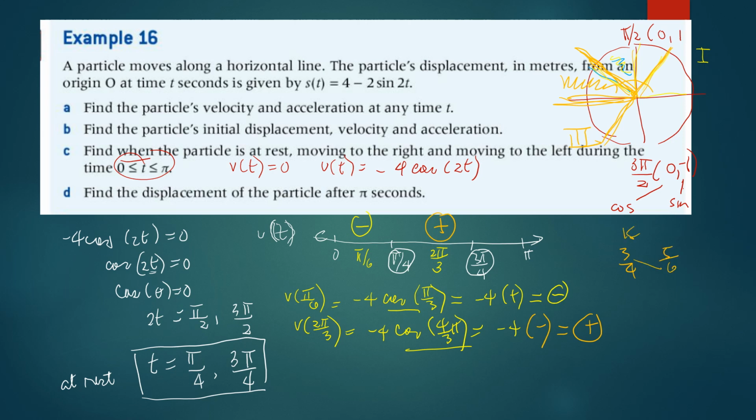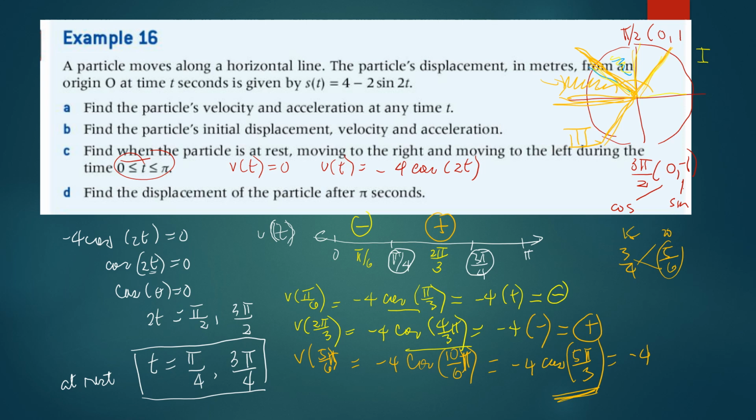This is 18, this is 20, so it's greater. 5/6 is greater, so it's here. So it's negative 4 cosine of 2 times 5, which is 10 over 6 pi, which is the same as negative 4 cosine of 5 pi over 3. Okay, it's negative 4, and we look for the value of cosine of 5 pi over 3. Where is 5 pi over 3?